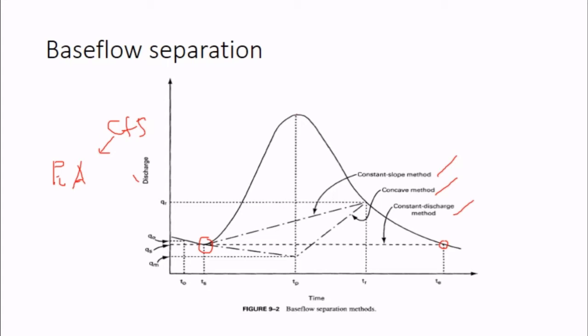So, yung ganun yung pag-analyze ng constant discharge. Paano naman yung dito tayo sa constant slope naman. So, sa constant slope, hindi kino-consider na horizontal yung base flow. Okay? So, hinahanap yung inflection point nung hydrograph or nung curve. So, what is the inflection point? So, from your differential calculus, di ba the inflection point is where the second derivative of the function is equal to 0.